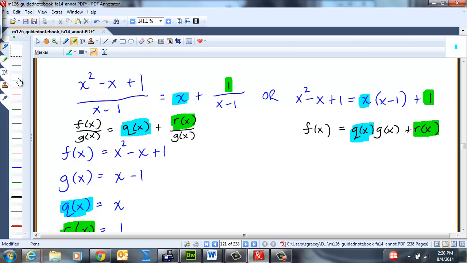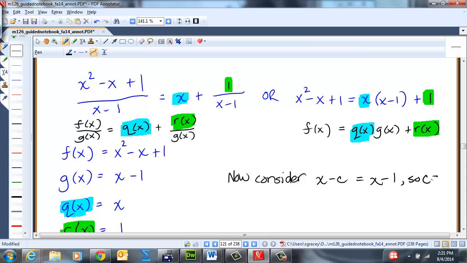All right, so let's play around a little bit. Let's see what would happen if we evaluated the original function at the c in the x minus c from the synthetic division. So now consider x minus c, which remember was equal to x minus 1.